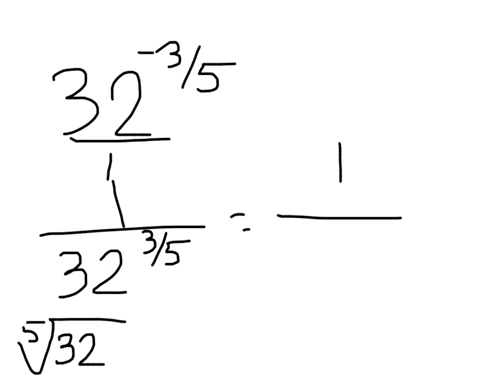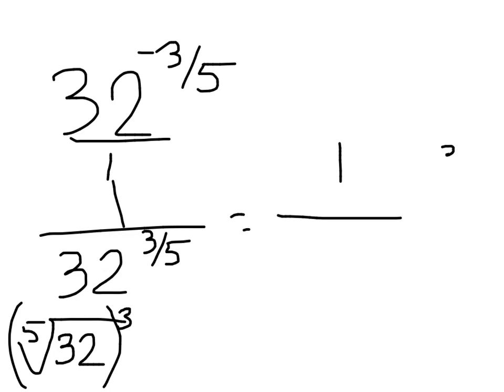Do you want to use big numbers? Me personally, no. So what I usually do is have the 3 go on the outside. So I'm going to do the cube root of 32 first. Or the 5th root, sorry, I think I said cube root. But the 5th root of 32 first, which is a small number, and then raise that to the 3rd power. Does that make sense?